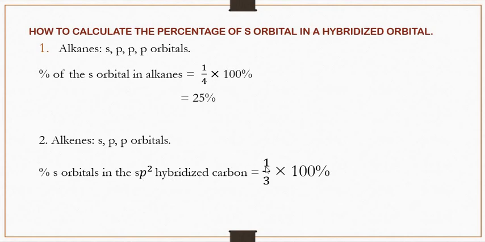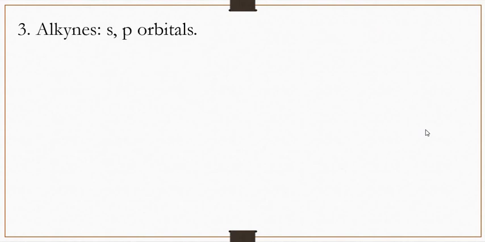We have 1/3 times 100, because we have 3 orbitals or energy levels, one being an s orbital and the other two being p orbitals, and the percentage that will give us is 33.3%.